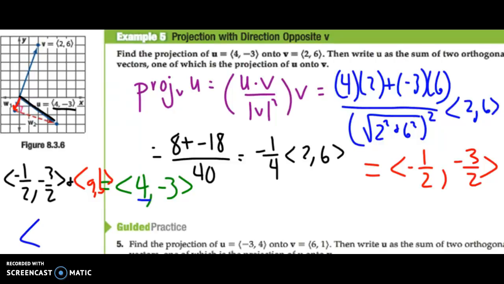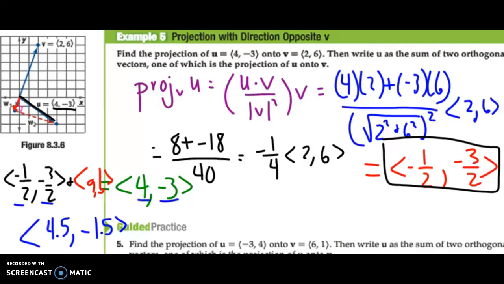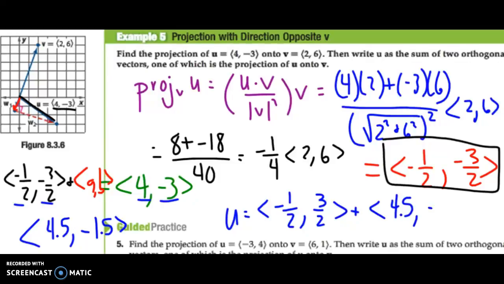The way we do it is we take 4 minus negative 1/2, which is 4 1/2. Negative 3 minus negative 3/2 would be negative 1.5. So our projection vector is (-1/2, -3/2), and u is going to be the sum of (-1/2, -3/2) plus the vector (4.5, -1.5).